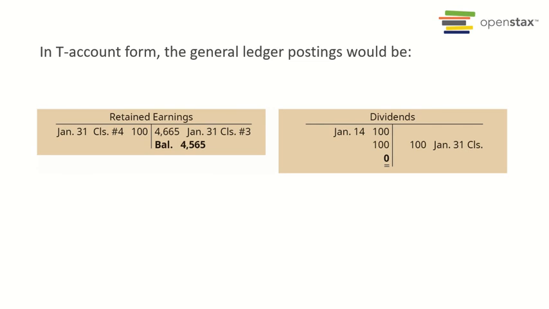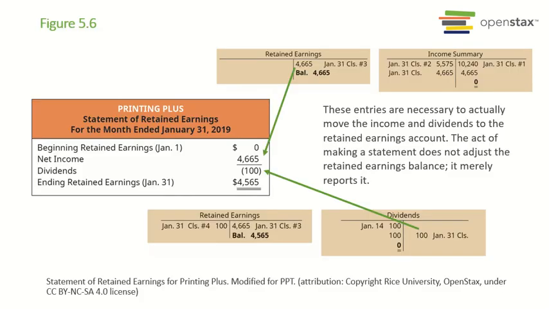So after we do those, let's look at the statement of retained earnings. These closing entries are necessary to actually move the income and dividend to retained earnings accounts. Right? We close revenue and expense to income summary, then we close income summary to retained earnings. We also close the dividend to retained earnings.